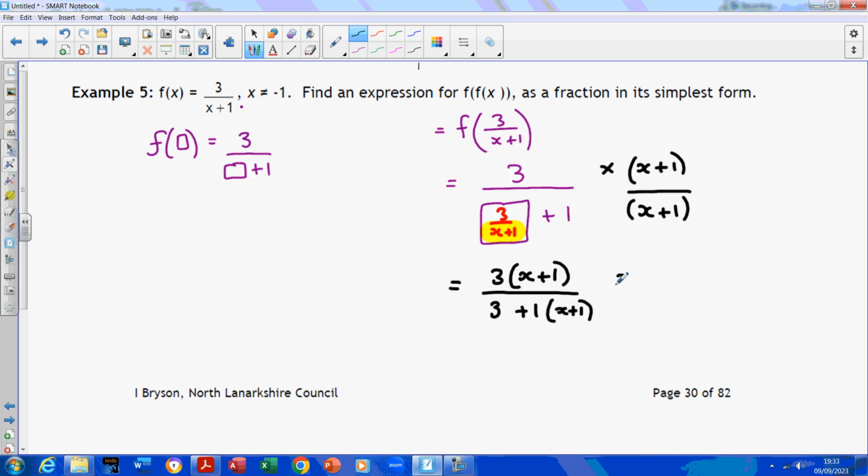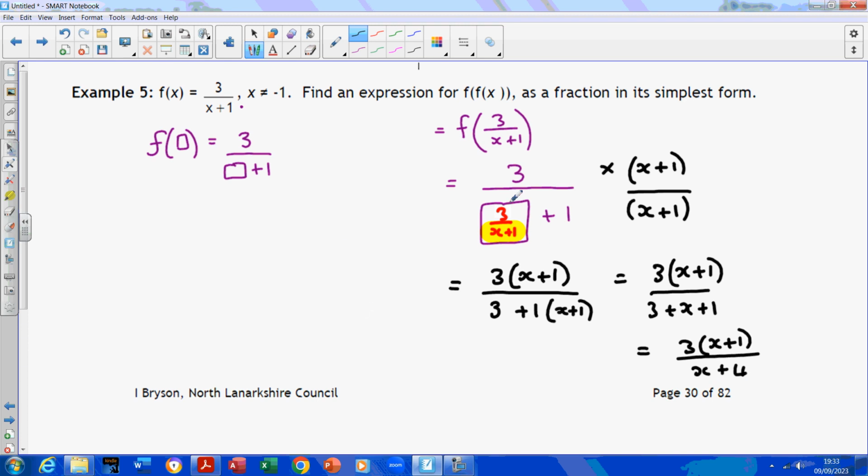And I can tidy that up. So I get 3 times x plus 1 divided by 3 plus x plus 1. And when I fix all that up, I've got 3 times x plus 1 all divided by x plus 4. You can multiply that out at the top if you like. So that's the harder ones.